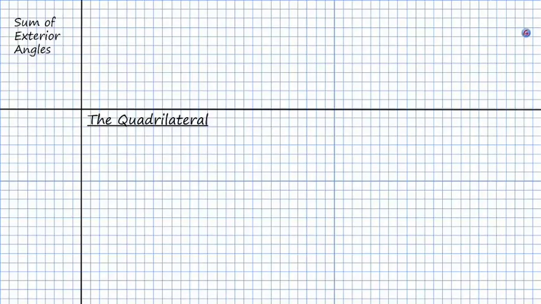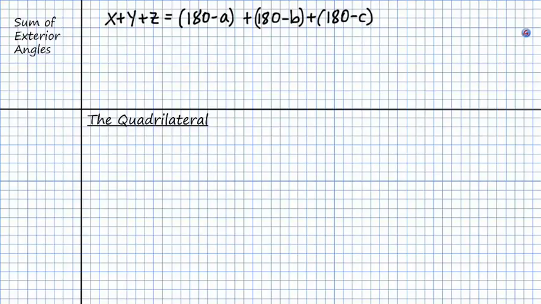So the sum of the exterior angles, we can prove, is actually going to be 360. And this is pretty simple. So what we see here is that x plus y plus z, or the exterior angles, is equal to 180 minus a plus 180 minus b plus 180 minus c. Therefore, we can reduce this and say that x plus y plus z is equal to 540 minus a minus b minus c.